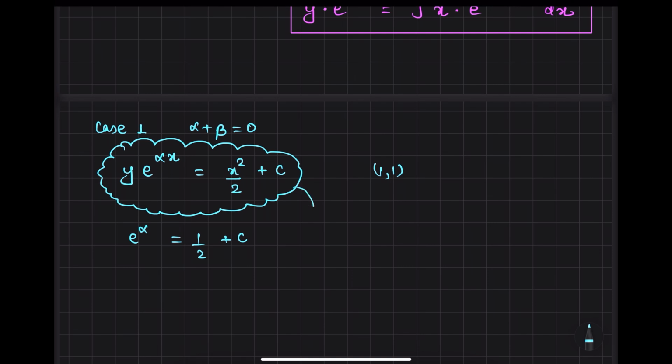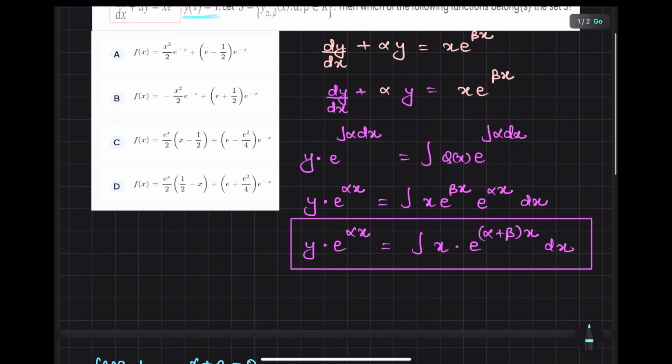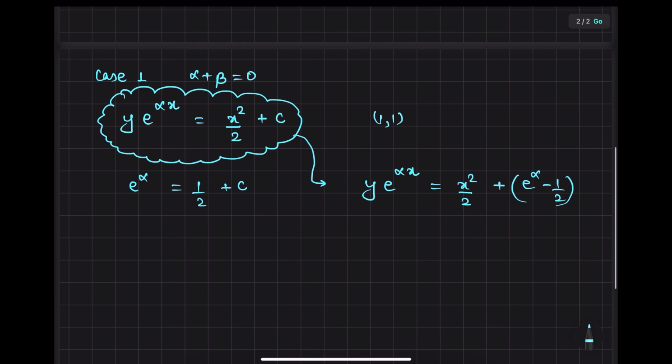Now let's update this. So y e power alpha x is equal to x square by 2 plus e power alpha minus 1 by 2. Now, if you observe, we will be writing y only.